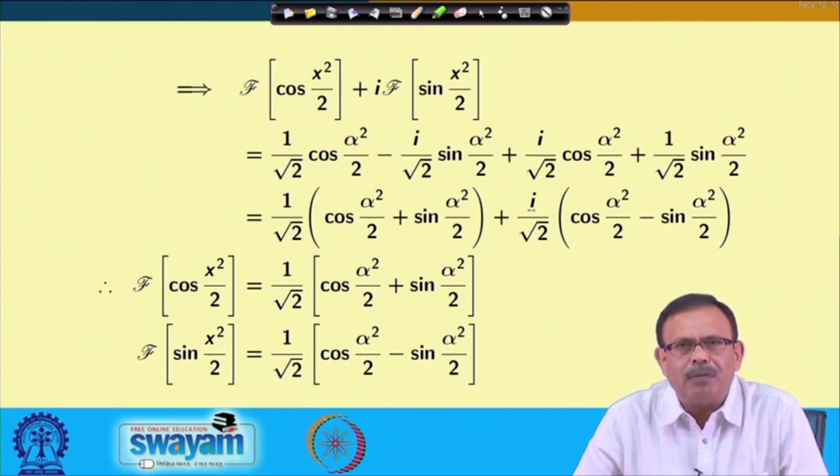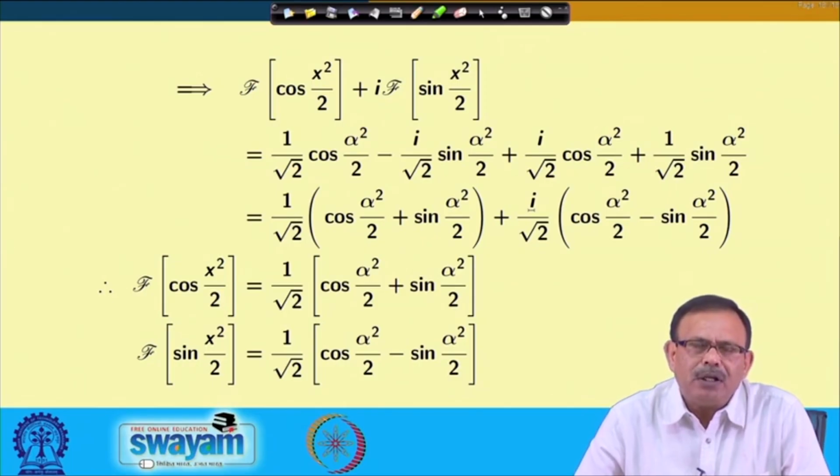So, in this particular problem, if you observe, we could have separately obtained the Fourier transform of cos of x square by 2 and Fourier transform of sin of x square by 2. Instead of that, we are starting with a known function whose Fourier transform is known to us, that is Fourier transform of e power minus a square x square, and I am choosing a particular value of a, so that I can obtain e power i x square by 2, which I can break into cos of x square by 2 plus i sin x square by 2.